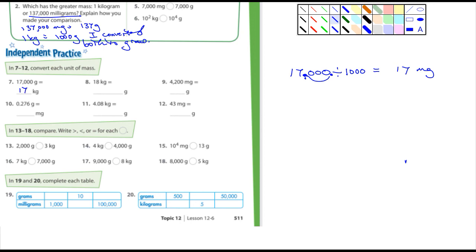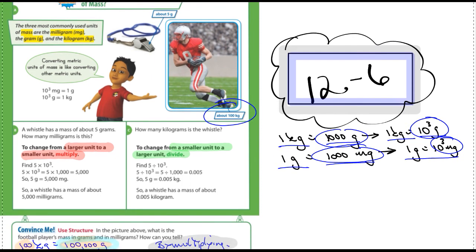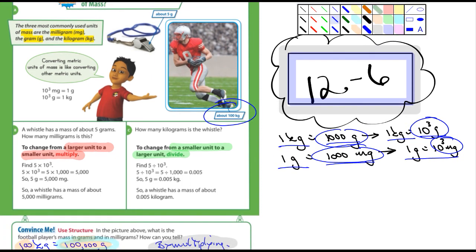And let me do one more. I'll do number 8 with you. So now we have 18 kilograms, and that's going to become grams. So now we're going from something larger to something smaller. When we're talking about something larger to something smaller, you multiply.